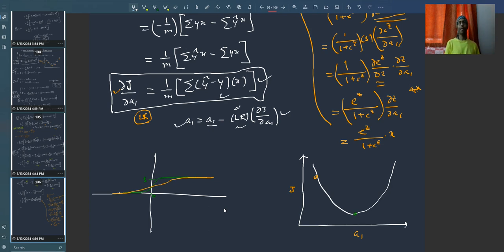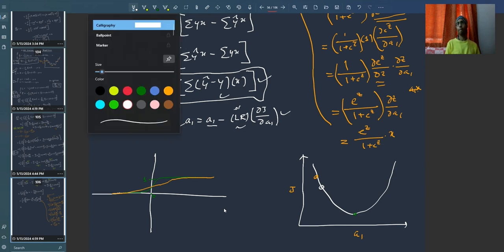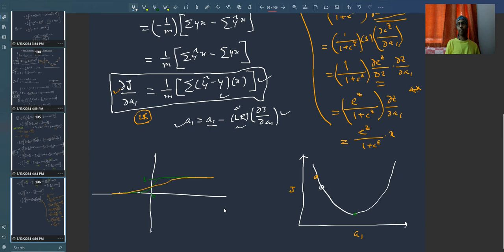After deriving it, let's say the value comes somewhere here, and the curve becomes a little better. Let's say it becomes like this. We keep on repeating this many times, let's say 10 times, 20 times or whatever, using the learning rate.